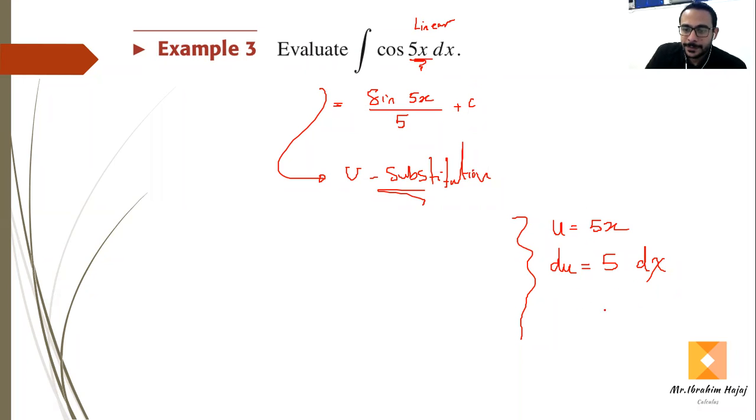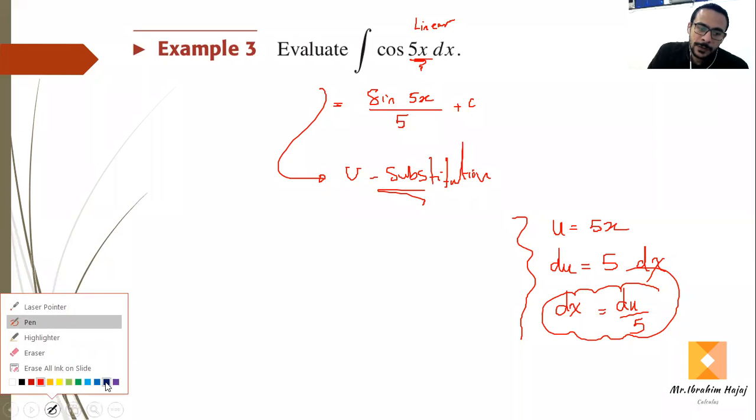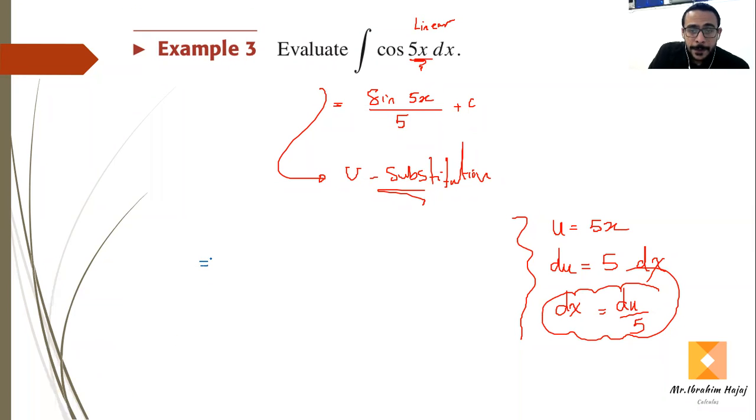So what is dx? dx equals du over 5, dividing each side by 5. In the question we can replace the integral of cosine 5x.